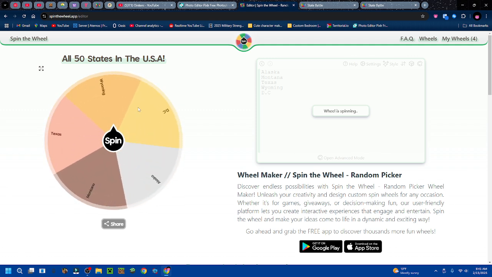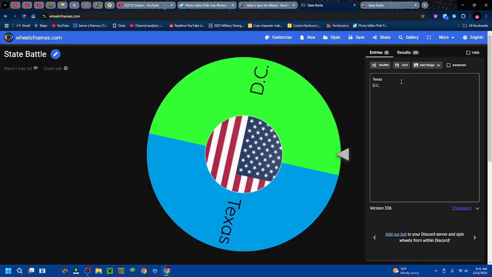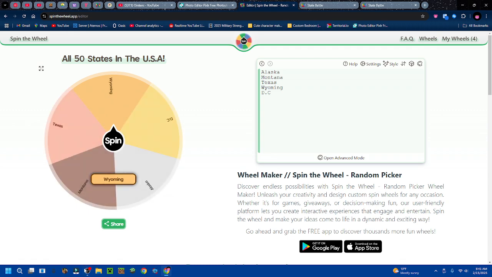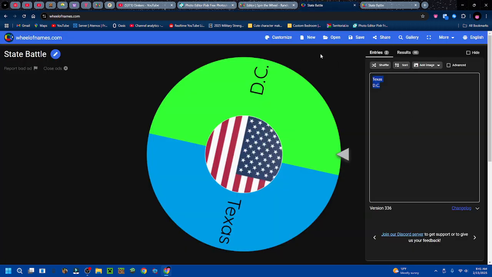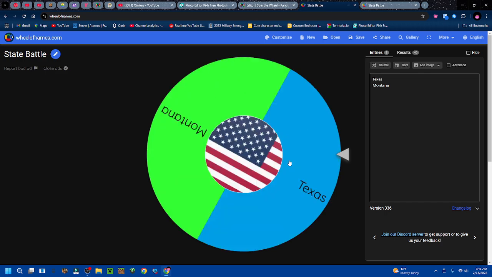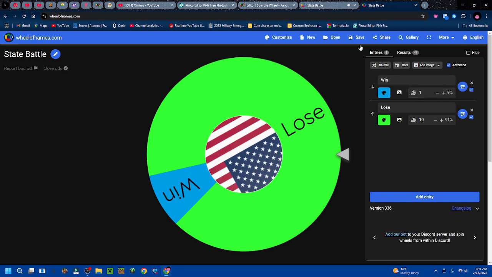It looks like Wyoming is finally going to be doing something. Still yet to see anything from the polar bears. The only state that Wyoming borders is actually two, Texas and Montana. Looks like they're going to be battling Texas. That is not a very good idea at all.